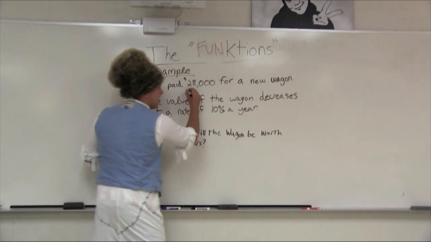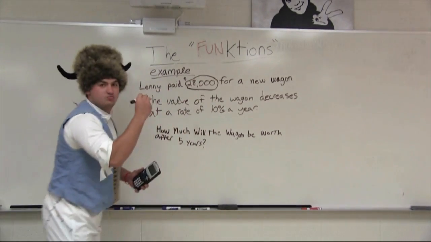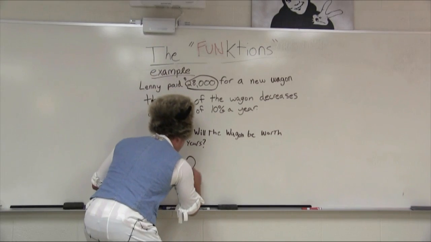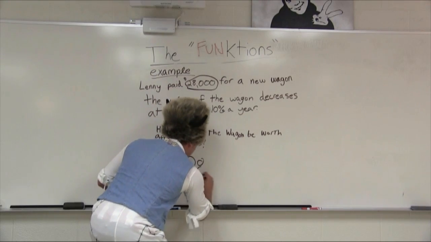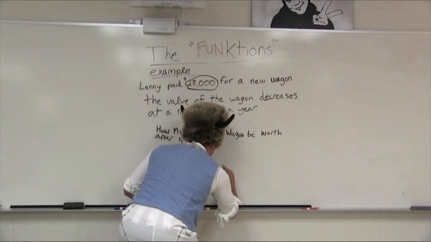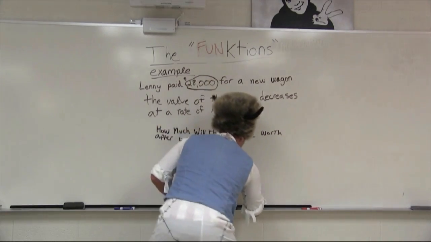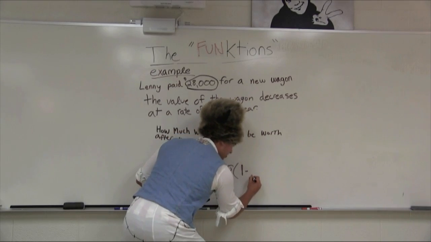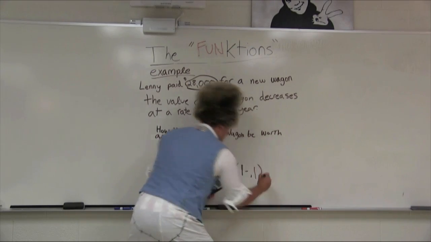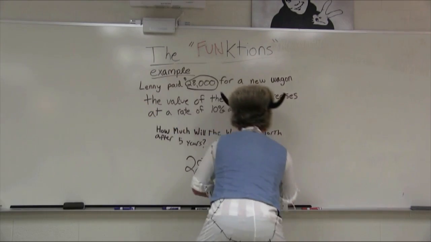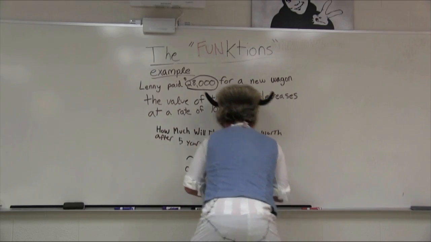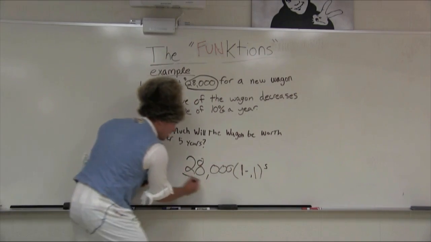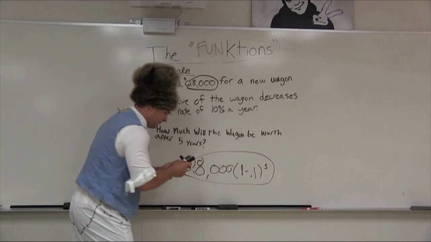So you're going to take how much the wagon was bought for, and you're going to put it into the function of 28,000, and then you're going to take the 10% minus, which was 0.1, and you're going to raise it to the power of 5. And you're going to plug that function into your calculator.